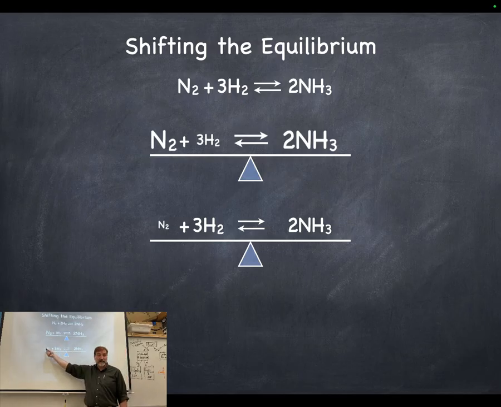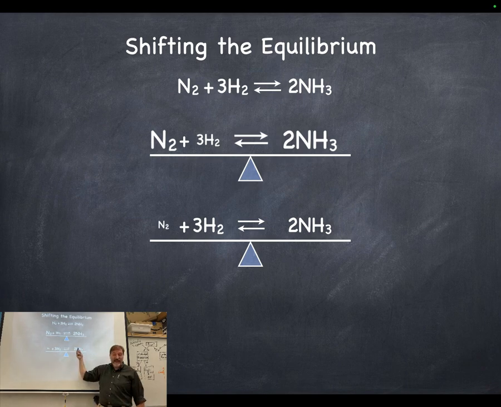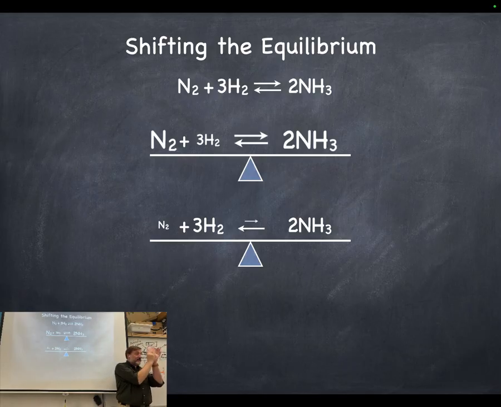If I affect the nitrogen, at that instant, the forward reaction rate slows down, but the reverse reaction rate is unaffected because taking out nitrogen doesn't affect the concentration of ammonia. It will change over time, but instantaneously, right at the start, the reverse reaction is unaffected.